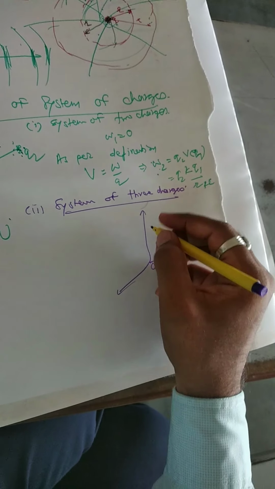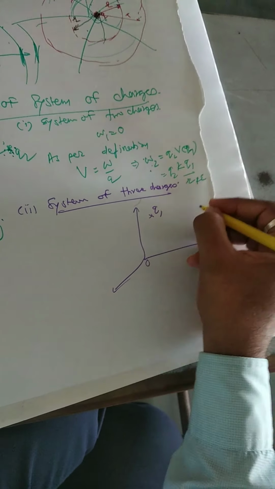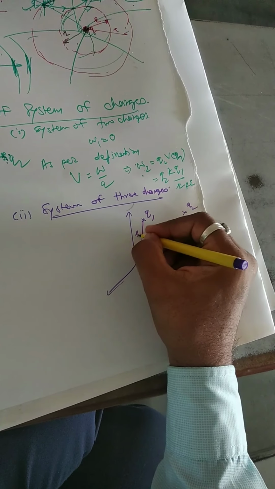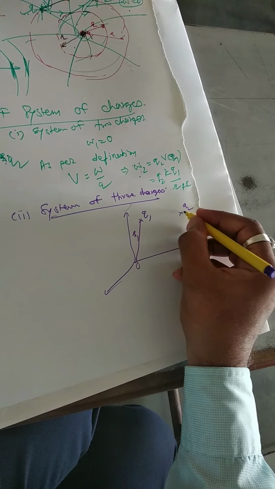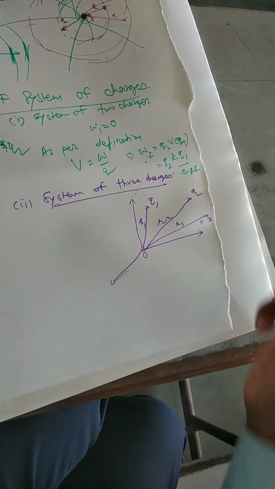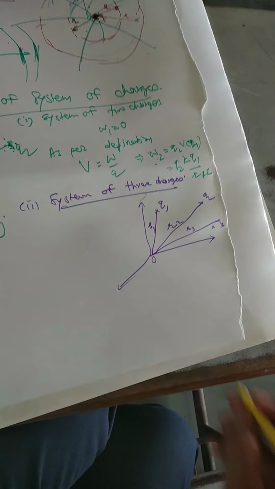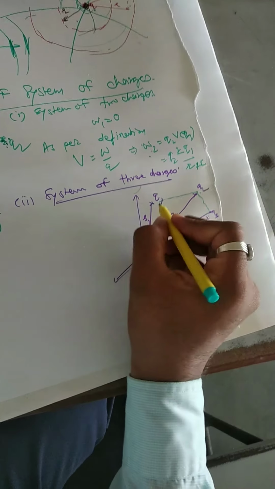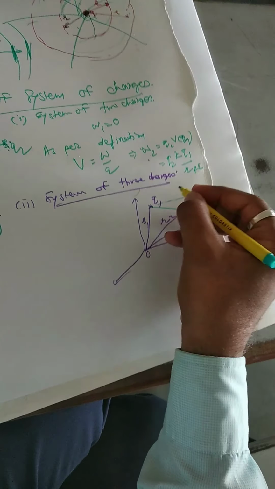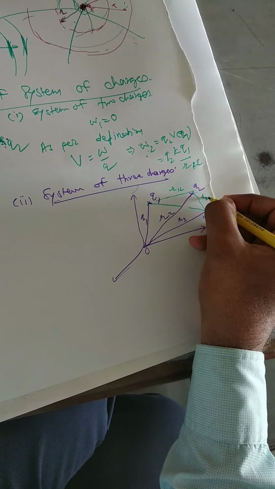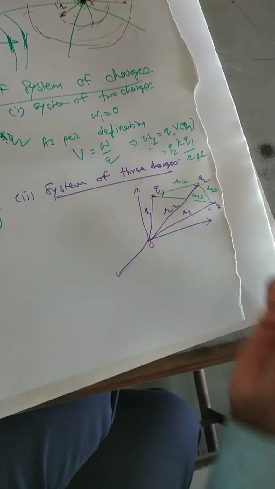This is O. Suppose this is charge Q1, this is charge Q2, this is charge Q3. They are at radial distances R1, R2 and R3 from this point O. Now I am joining all these 3 points Q1, Q2 and Q3. So this will be R12, this is R23 and this is R13.